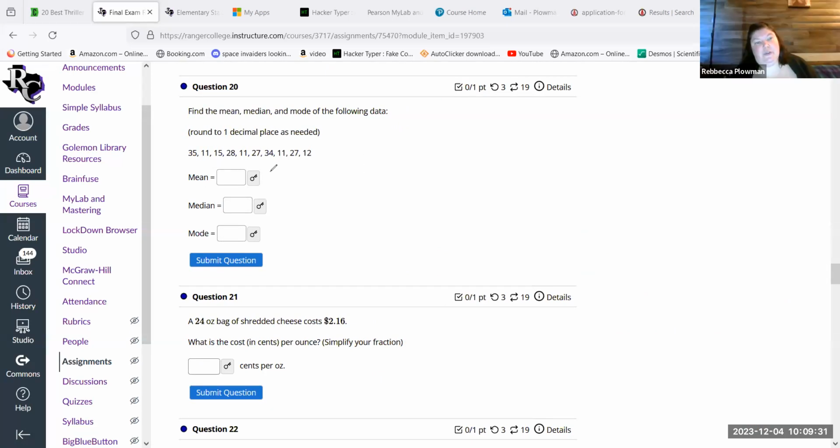So remember, if you do the mean, that means you're going to add up all the numbers. And then we divide by how many we have. So we have 1, 2, 3, 4, 5, 6, 7, 8, 9, 10 numbers.